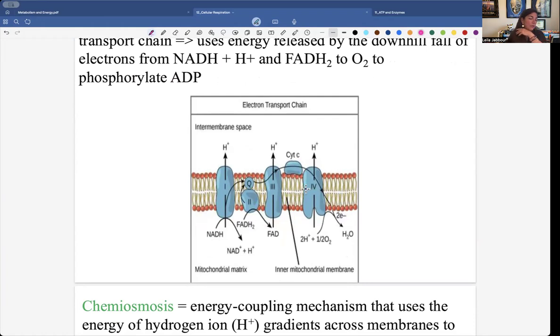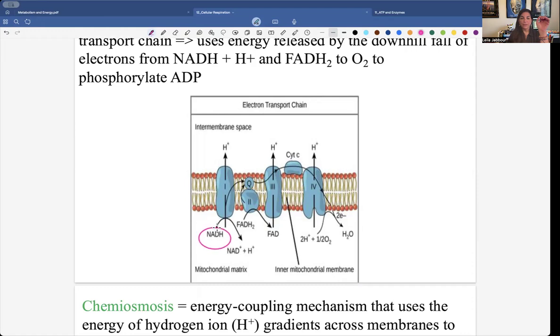And then there is a Q complex and a cytochrome C complex over here, but we don't really even need to talk about those. The electrons, so let's start the story there. Here are the electrons. This is NADH.